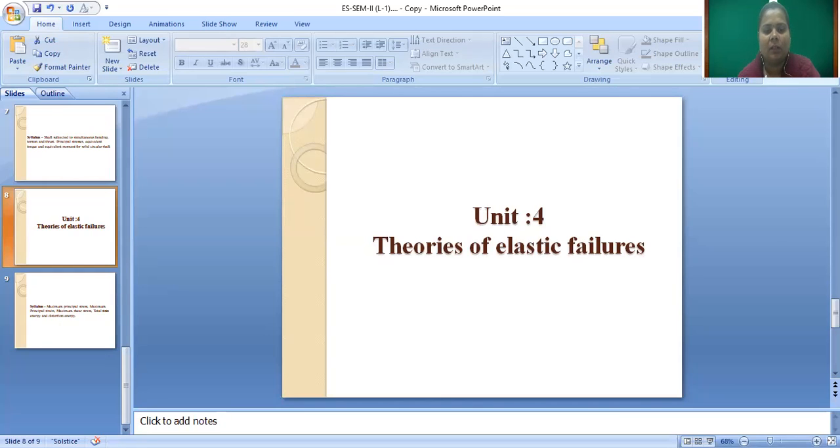So under this unit number 4, we have to discuss a total of 5 theories of elastic failures. Now we will discuss one by one.